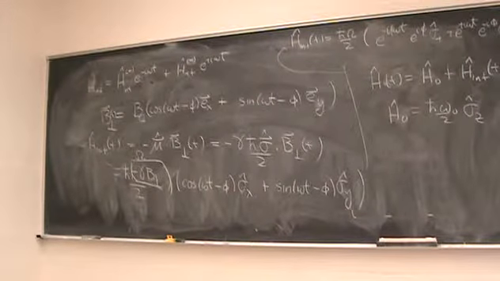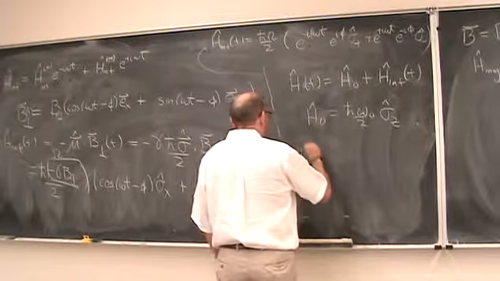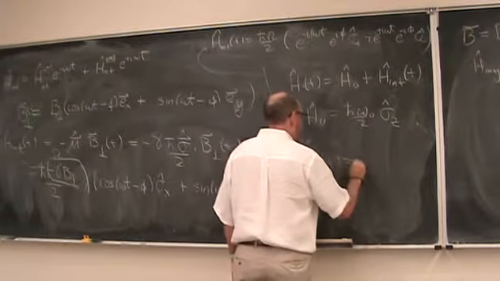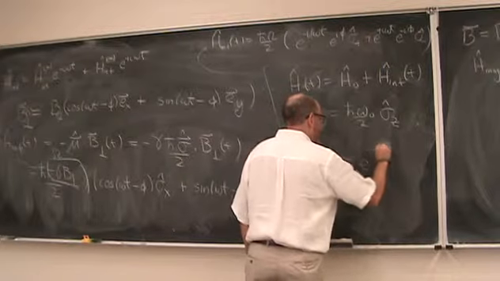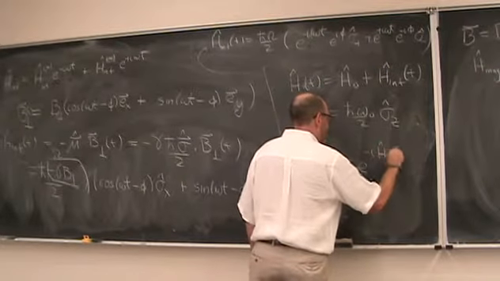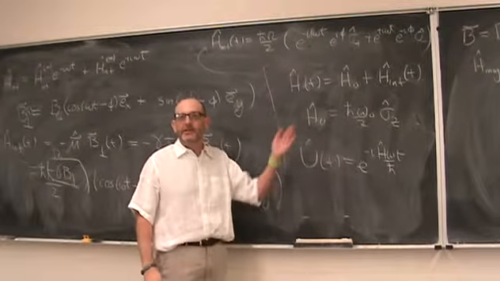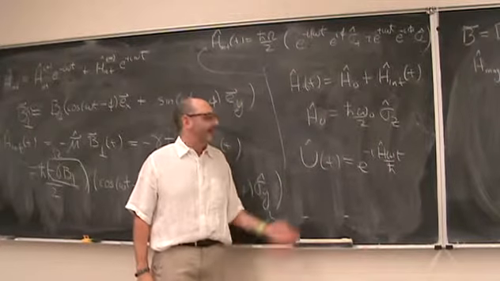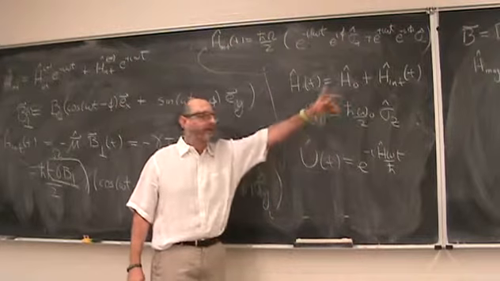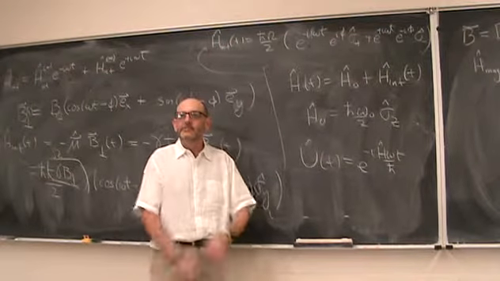Now, question. Can I just say that this is the time evolution operator? I just exponentiate the Hamiltonian and then apply that to the state, and I'll get that precessing spin. Is that okay?